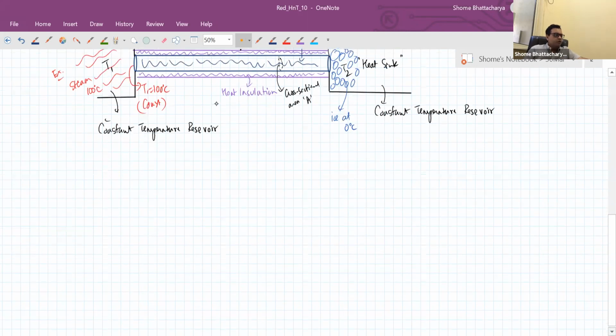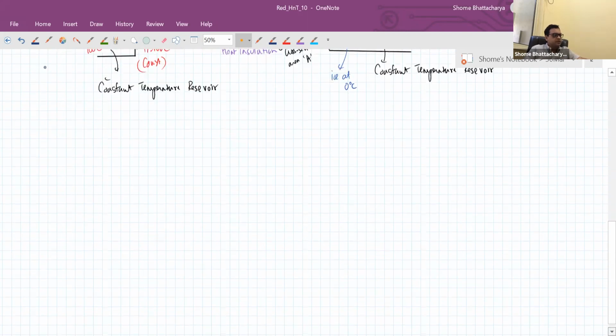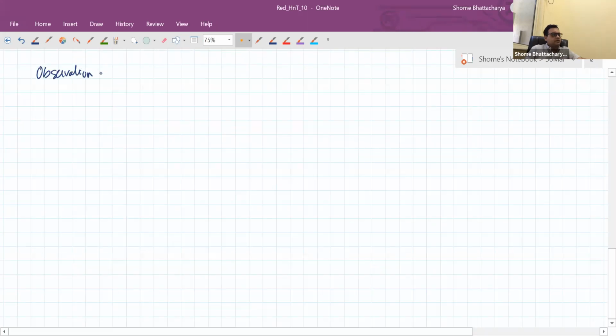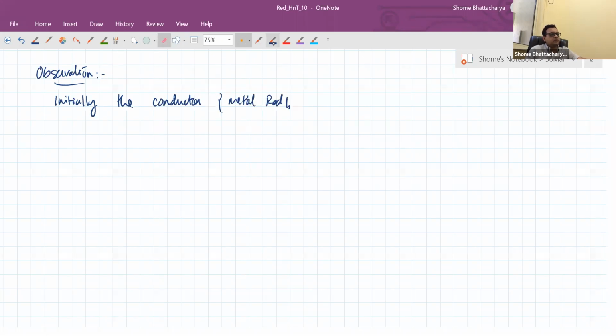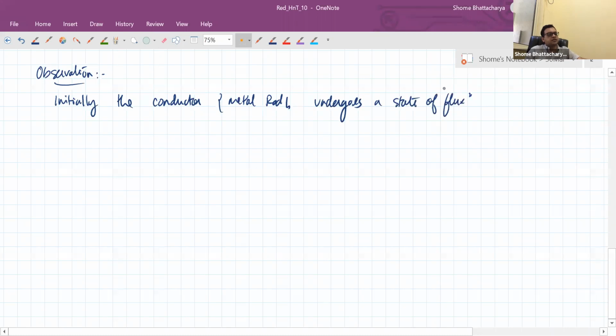Okay. So having done that, let's understand what we will observe from such an experiment. The observation will be that initially, the conductor, or in this case, the metal rod, undergoes a state of what we say flux, that is, rapidly changing temperature at different points.